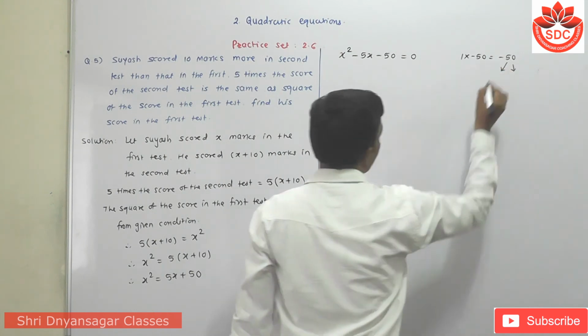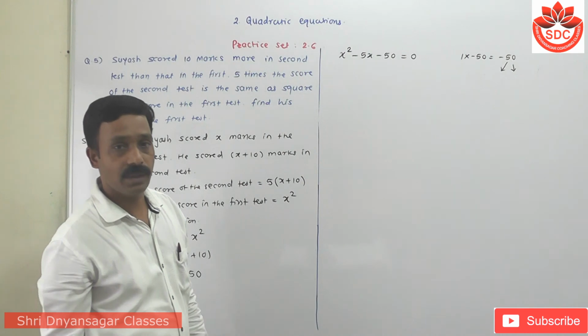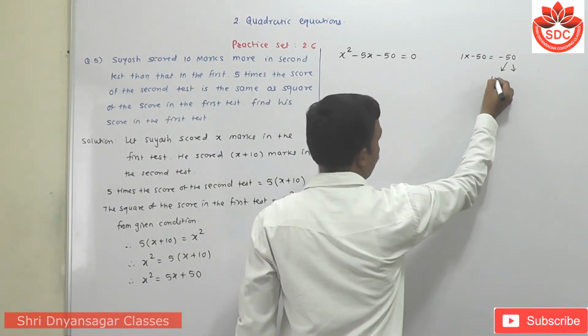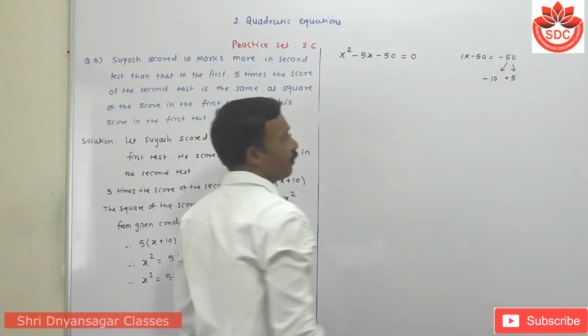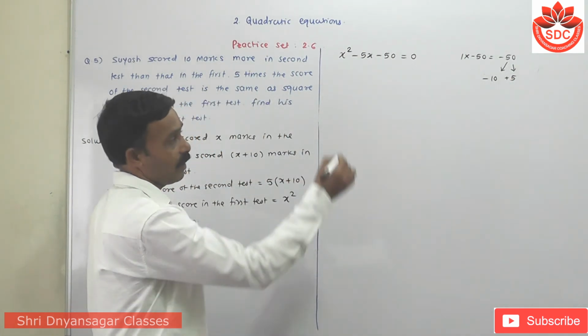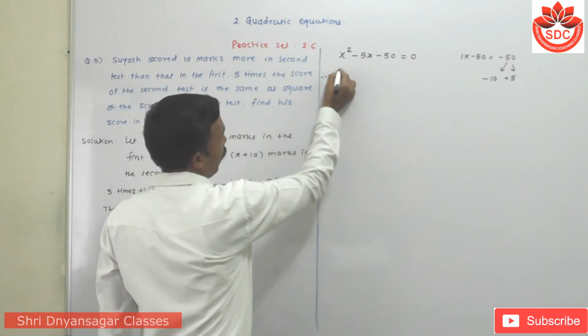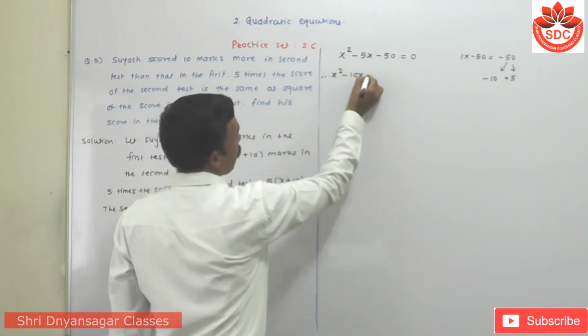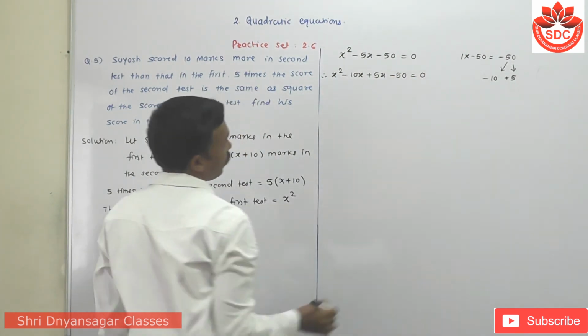Find the factors of minus 50 whose sum is minus 5. The simple factors are 10 and 5, with minus sign for 10 and plus sign for 5. The product is minus 50 and the sum is minus 5. Split the middle term: x square minus 10x plus 5x minus 50 is equal to 0.